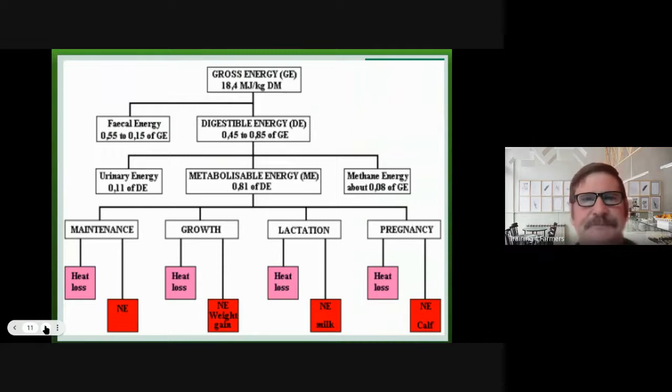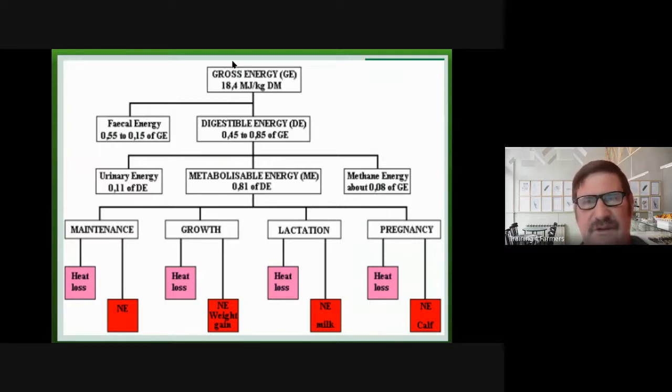Okay, so guys, we're going to look at different feed sources and classify them into feeds that have high energy, low energy, high fiber, low fiber, and so on. Here we're looking at gross energy.